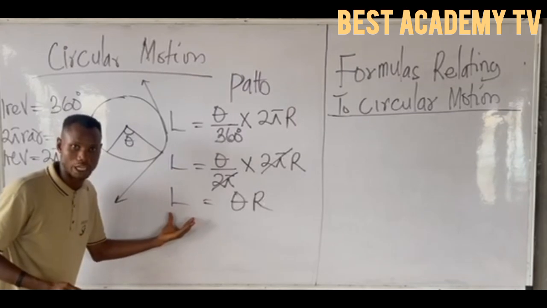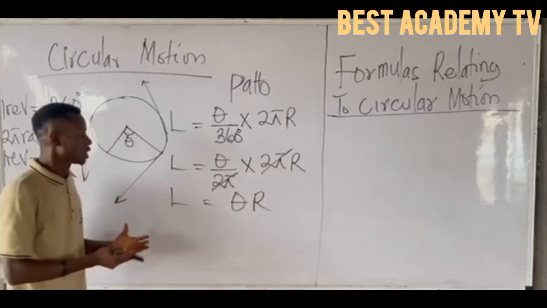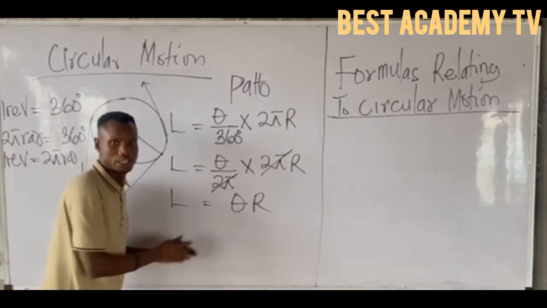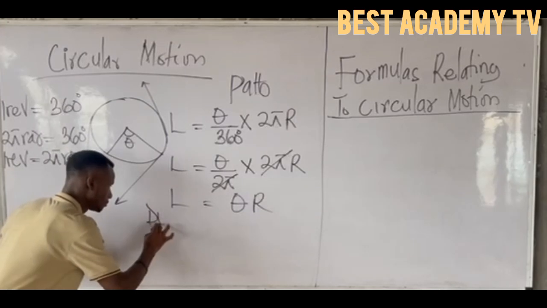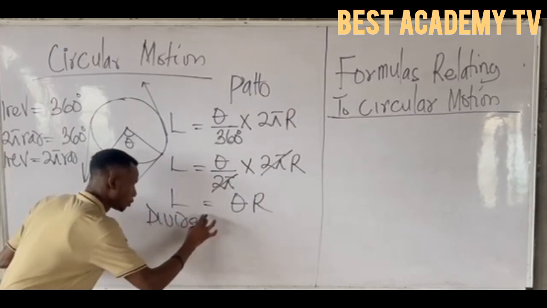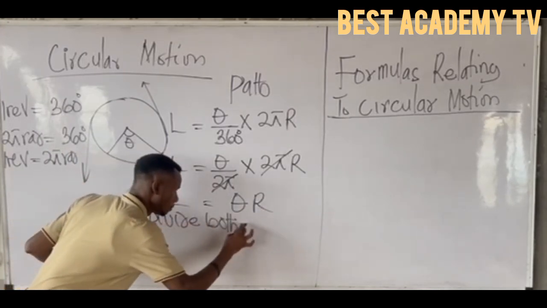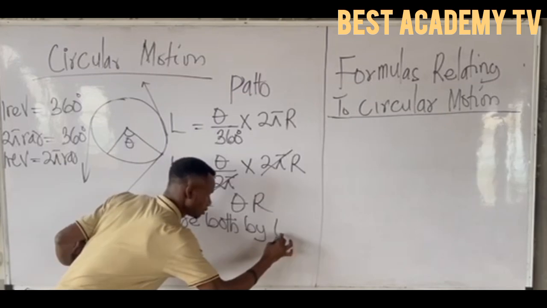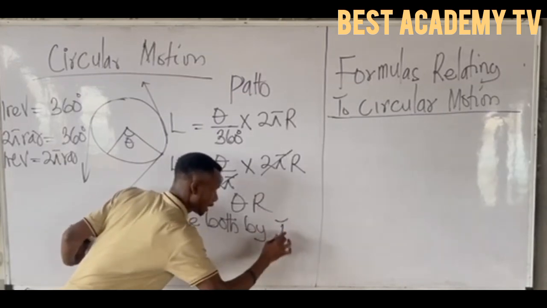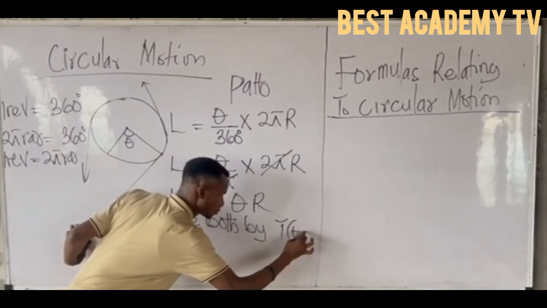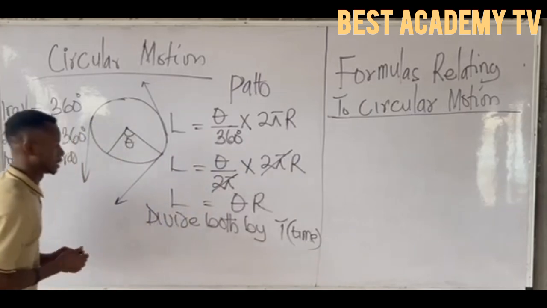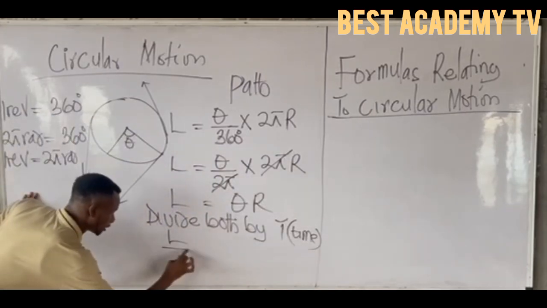I will divide by time. So in terms of equation, anything you apply here also applies here. So divide both by t. That is time. Please take note. Divide both by t. Then this will be L over t.